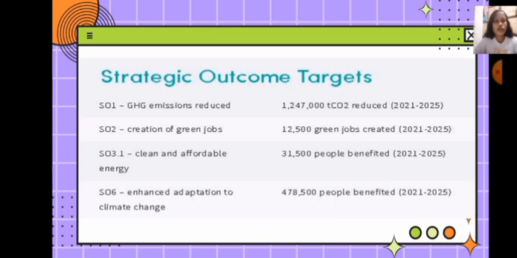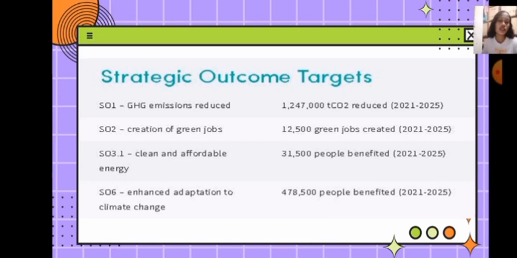The first strategic outcome target is the GHG emissions reduced. So 1,247,000 tons of carbon dioxide reduced. This proposed target should be attained within 2021 to 2025.